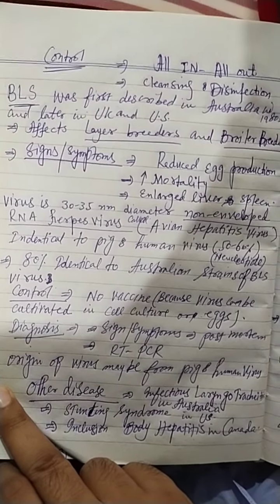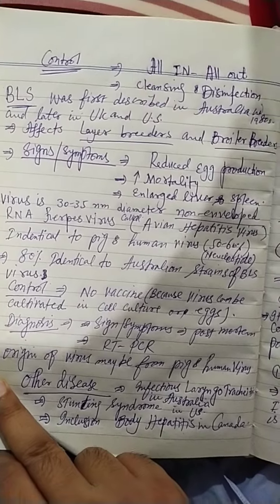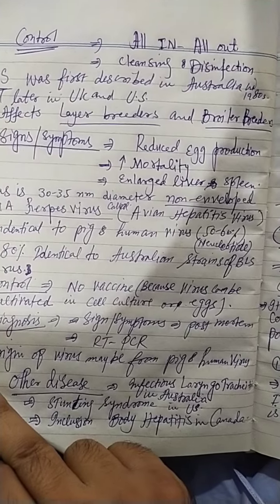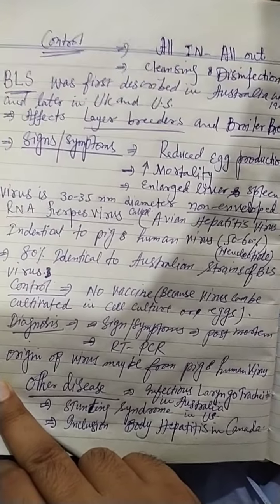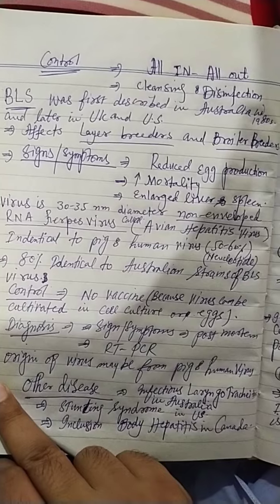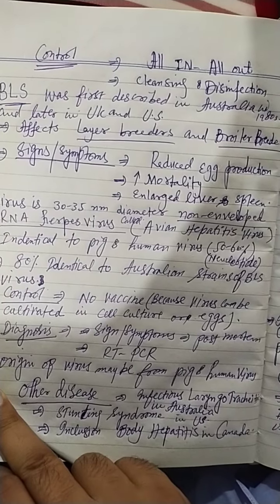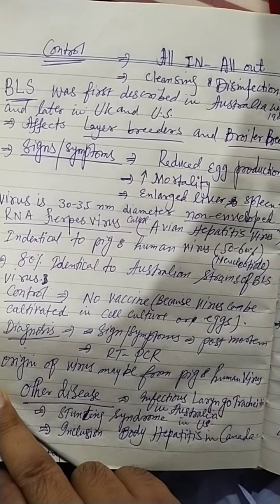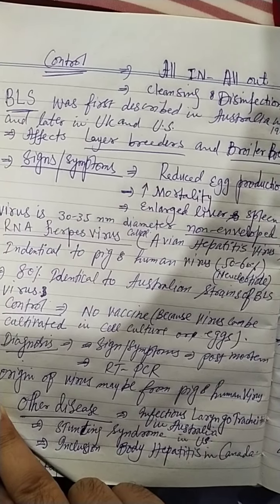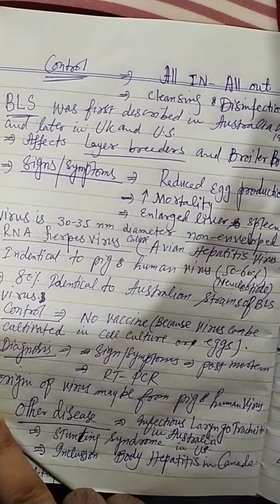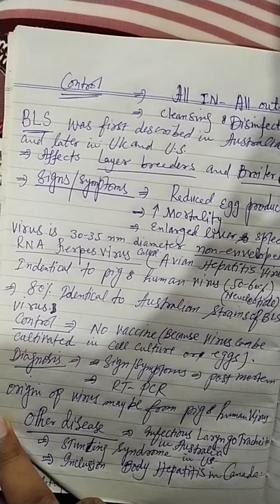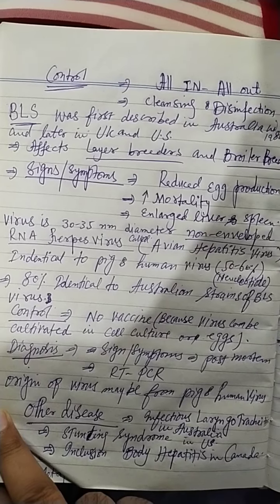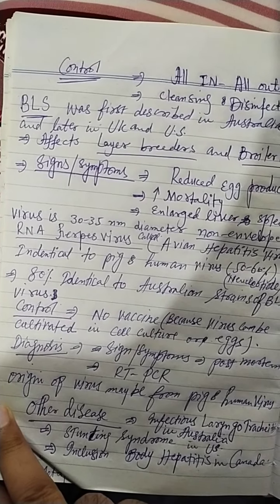This virus is identical to pig and human virus. 50 to 60% similarity is found in the nucleotide of this virus with the human and pig virus. This virus is 80% identical to the Australian strain of big liver and spleen disease virus.